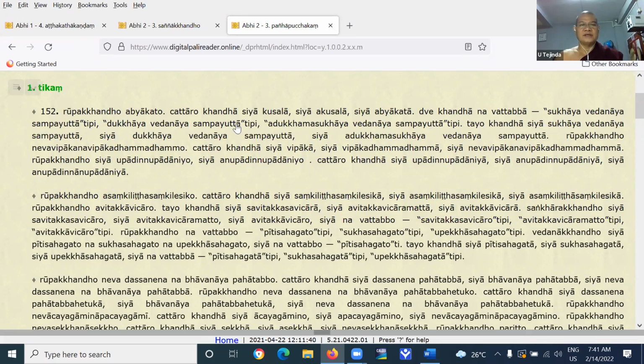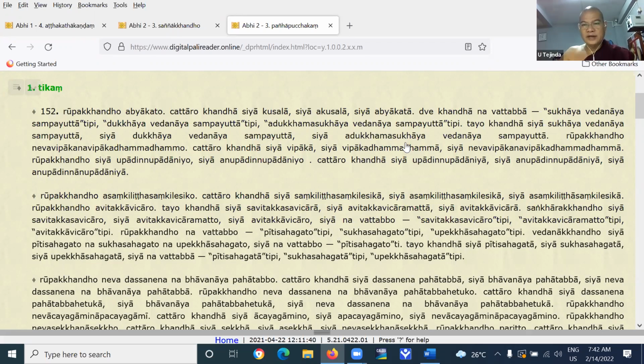Cattaro khanda siya kusala, siya akusala, siya abyakata. The four aggregates, vedana khanda, sanna khanda, sankhara khanda, vinnana khanda, are sometimes kusala, sometimes akusala, sometimes abyakata. So the kusala aggregates are kusala, the akusala aggregates are akusala, the abyakata aggregates are abyakata. Dve khanda na vattabba: two khanda should not be said to be either.